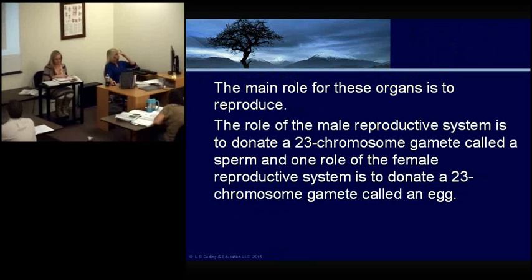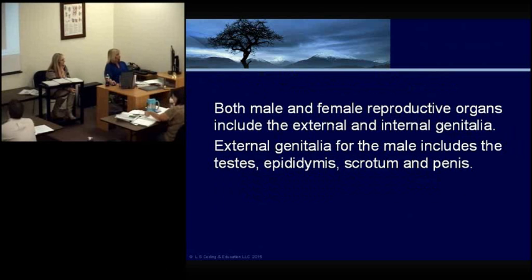All right, the main role for these organs is to reproduce. The role of the male reproductive system is to donate a 23-chromosome gamete called sperm, and one role of the female reproductive system is to donate the 23-chromosome gamete called the egg. Both include the external and internal genitalia we just talked about. The external genitalia for the male is the testes, epididymis, scrotum, and penis.